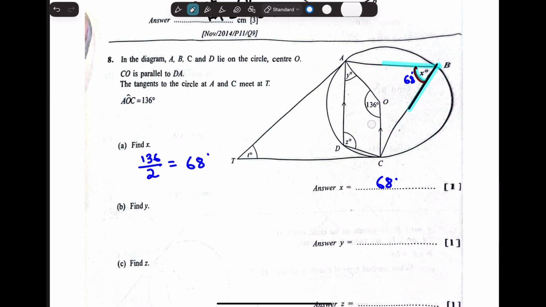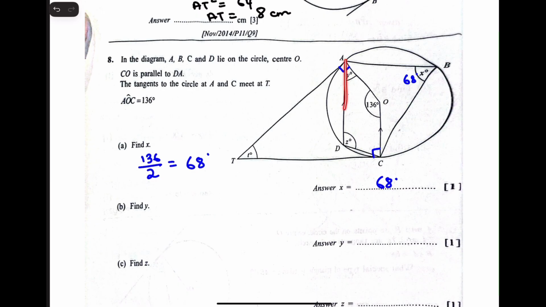So let's just make this diagram a little neat. So this is 90, this is 90, and this is 68. Another thing that we can very quickly figure out is that since ABCD is a cyclic quadrilateral, if this is 68, angle Z would be, since angle Z and angle X are supplementary angles, right?